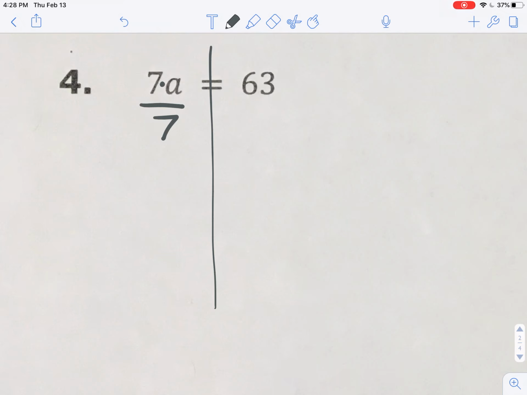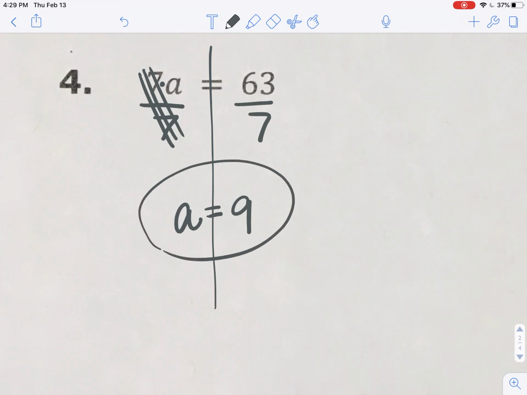What we do to one side of the equation, you have to do to the other side of the equation. Remember, the A is saying 7, go away, but then he has to tell him where to go. He's got to go to the other side. So we're going to take these 7s go away. We're just left with A equals 9. That is our final answer.